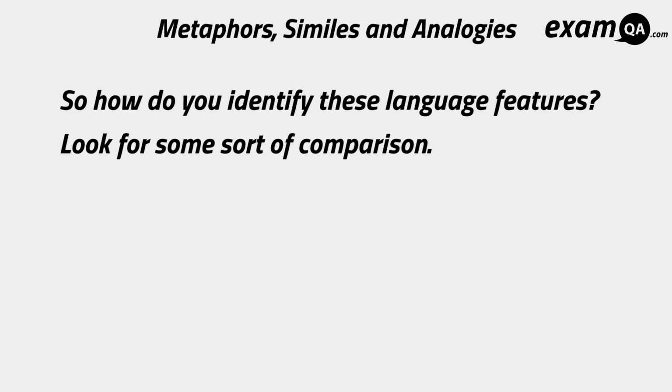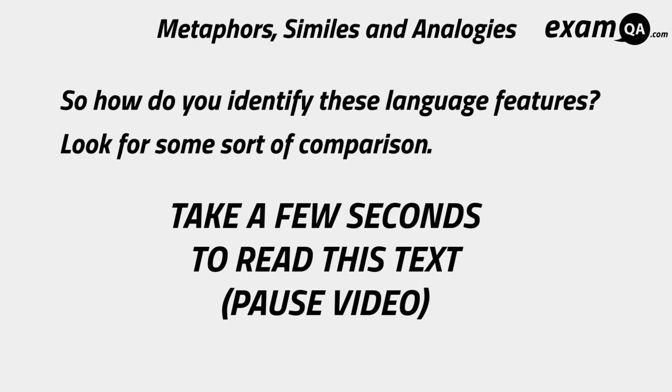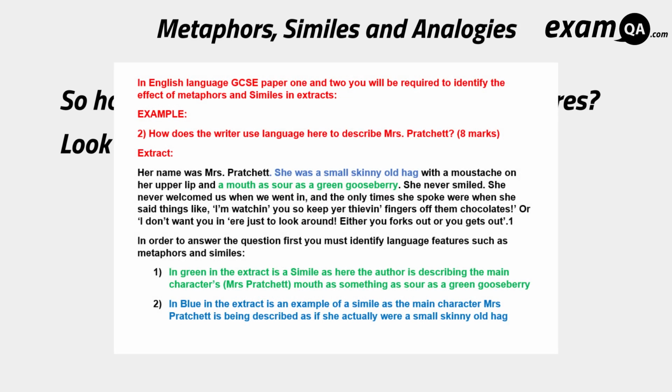Okay. So in GCSE English Language Paper 1, you'll be required to identify the effects of metaphors and similes in extracts. So for example, in this extract, I have identified that there is a metaphor when Mrs. Pratchett is described as a small, skinny old hag.